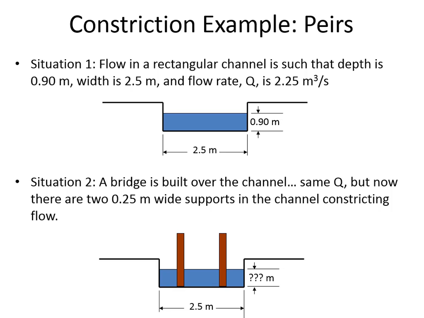The y sub c was 2.25 cubic meters per second divided by the channel width of 2.5 meters. So that's the flow per unit width, squared divided by g, and then all of that to the 1/3 power. And so the y sub c upstream of the constriction was 0.436 meters. All right.